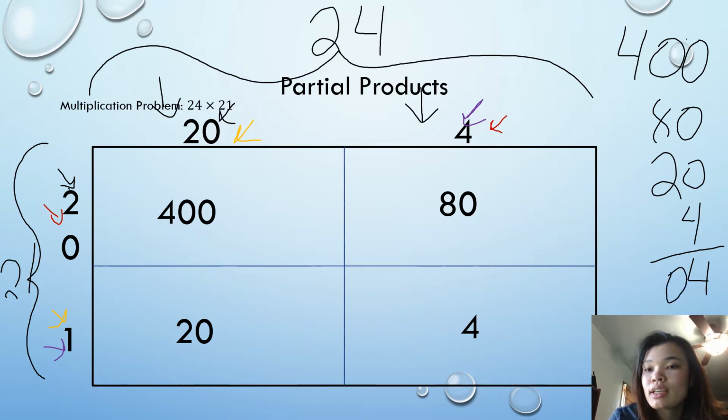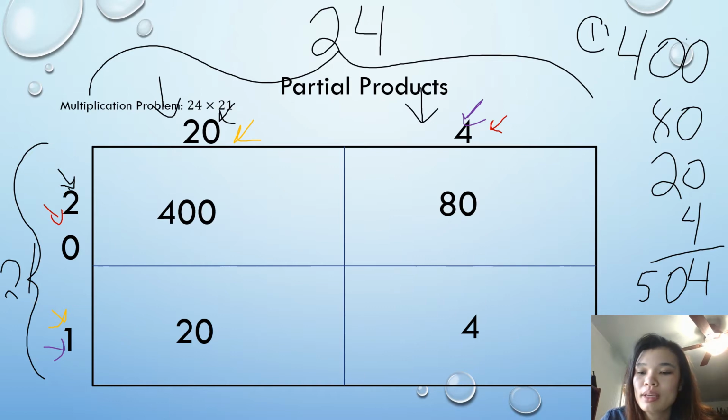Now remember, carry that 1. You're going to do 4 plus 1, which is 500. And your answer should be 504. Okay? If you got something different, try and go back to your work and see maybe you did some multiplication wrong, or maybe you added wrong. Just go back and check, okay?